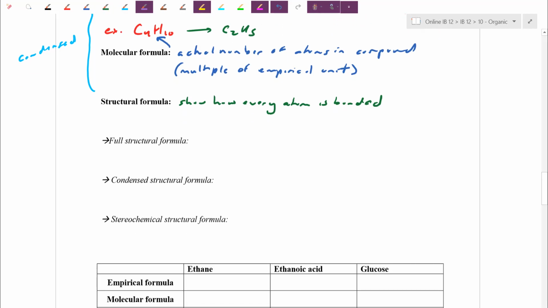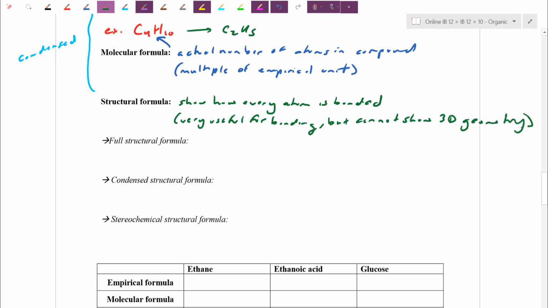This one is very useful for bonding, to show the different functionalities and everything. That's true, but it's still lacking, because it cannot show the 3D geometry. That's when we need those wedges and dashes. That's when we get to stereochemistry. But let's just do full structural formula.